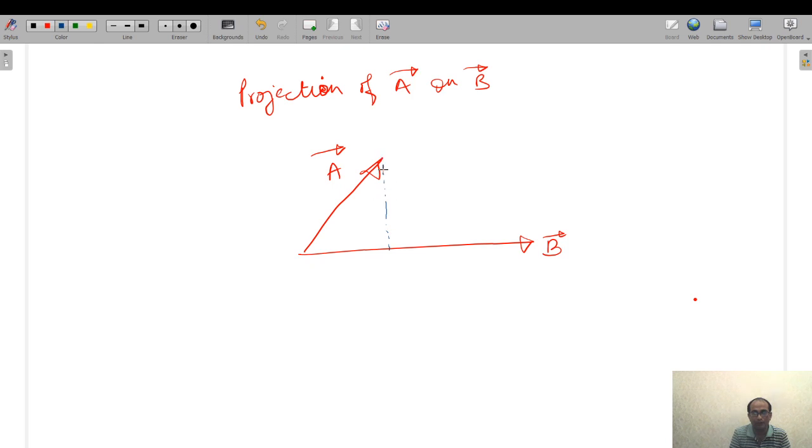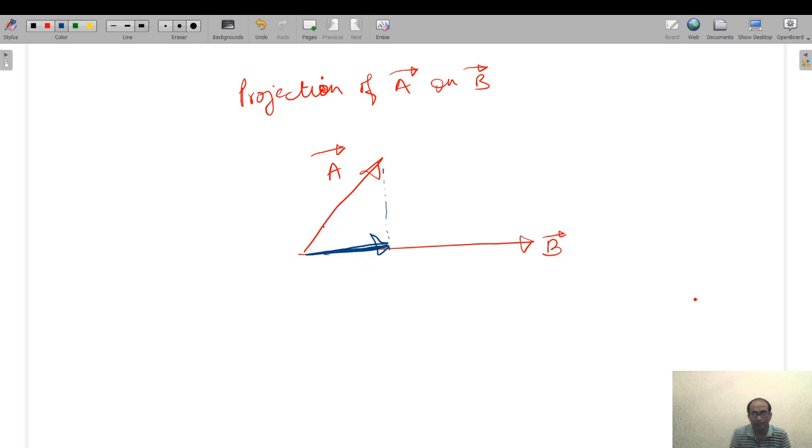Draw a perpendicular from the tip of a, the head of a, and this vector along the direction of b, जो a का कंपोनेंट है along direction of b, is called projection of a on b. b के ऊपर a का ये प्रोजेक्शन है, ठीक है.